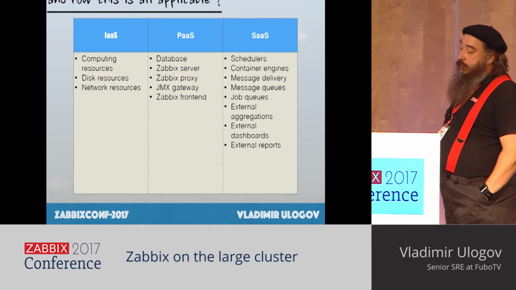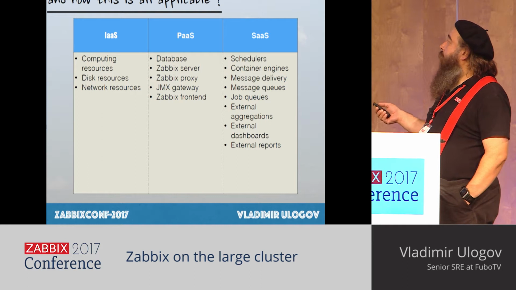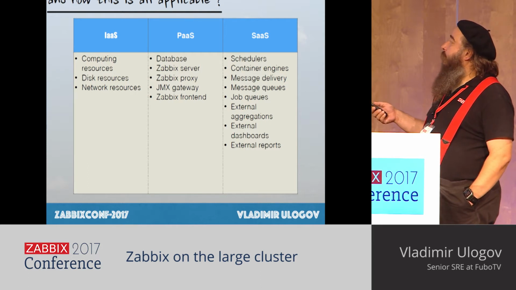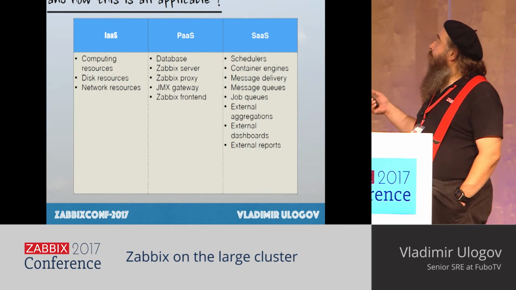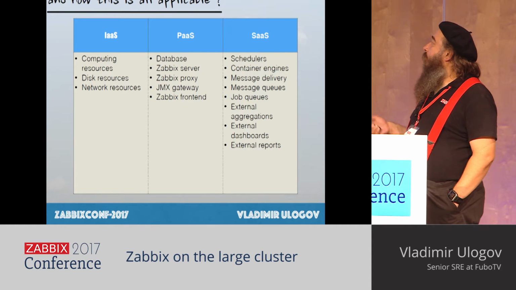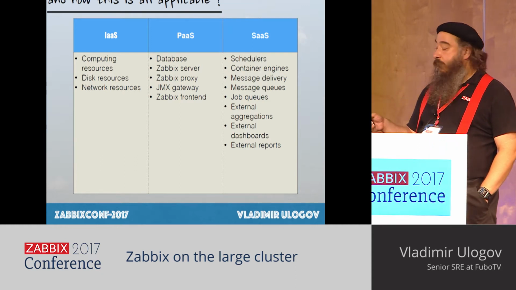In order to successfully and reliably deploy Zabbix on the cloud, you need to address certain things. You need to make Zabbix play nice with the scheduler, container engines, message delivery queues, job queues, external aggregation, and other facts of life.